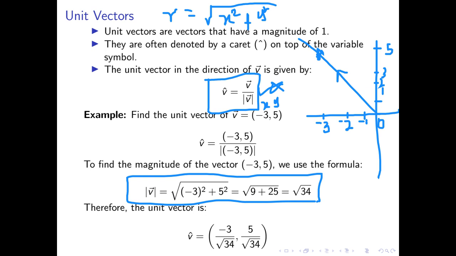If you solve -3 over root 34 with your calculator, you obtain a value for the x coordinate, and then you also simplify 5 over root 34 to obtain the value of the y coordinate. And you simply draw it out like I did. All right. I think you understand what unit vectors imply now.